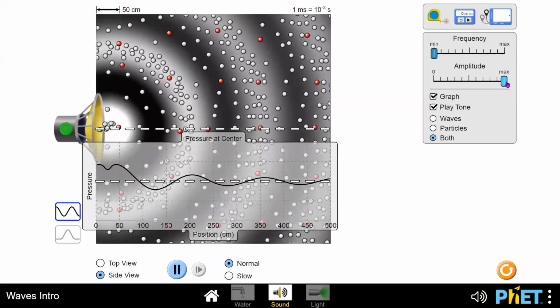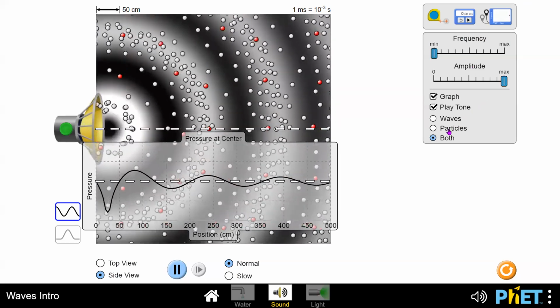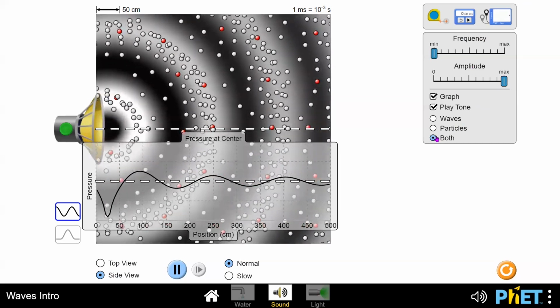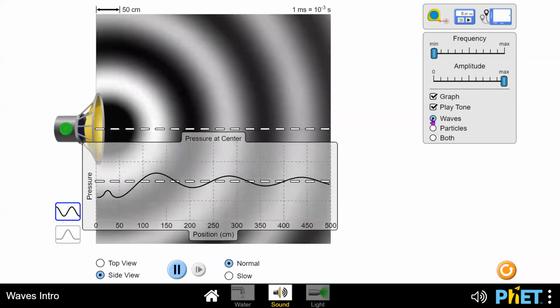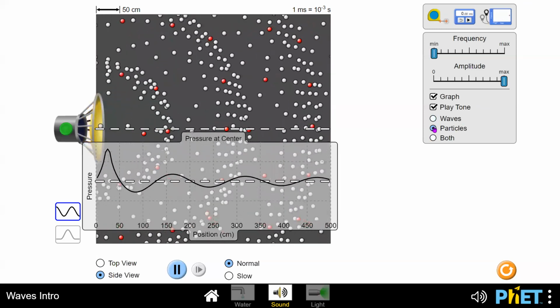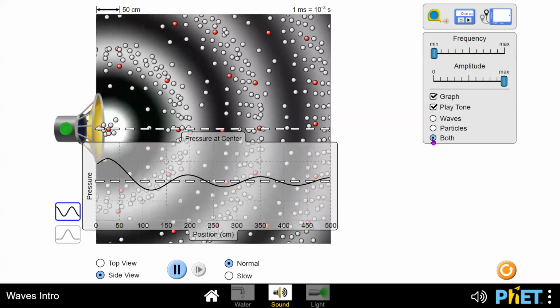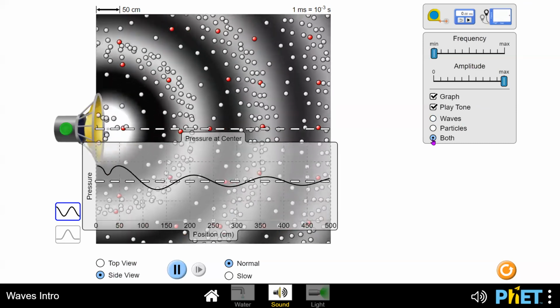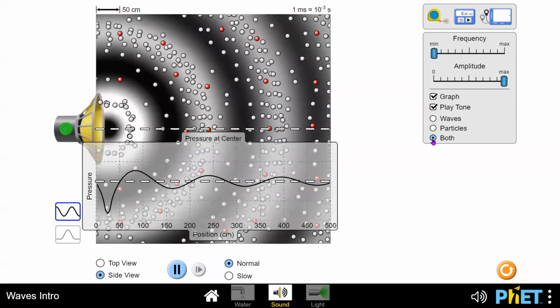Let amplitude be maximum. If you click on both, we are able to see waves as well as particles. If you just click on wave, the wave only will be seen. If you click on particle, only particles will be observed. And if you click on both, you can observe waves as well as particles.